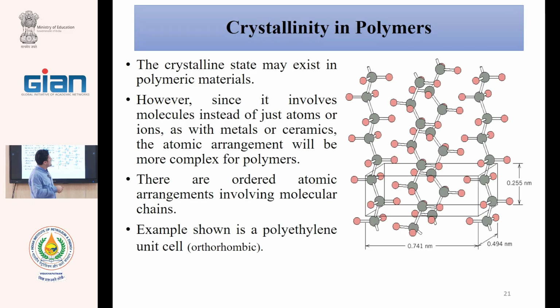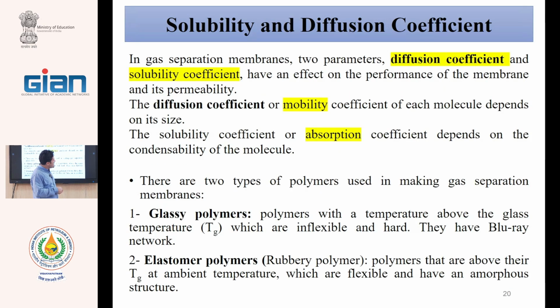One of the main properties is the glassy and elastomer behavior. We have crystalline polymers, semi-crystalline polymers, or amorphous polymers that have different behavior. In elastomer polymers, we have a flexible and amorphous polymer.